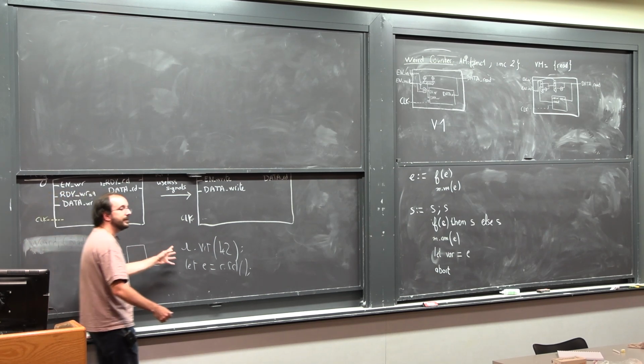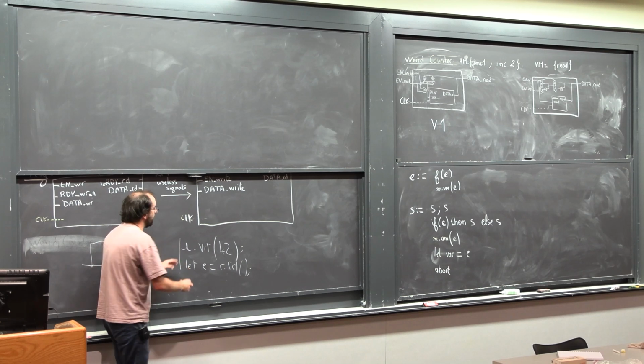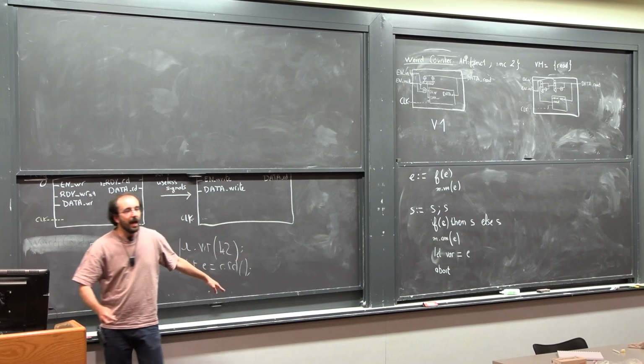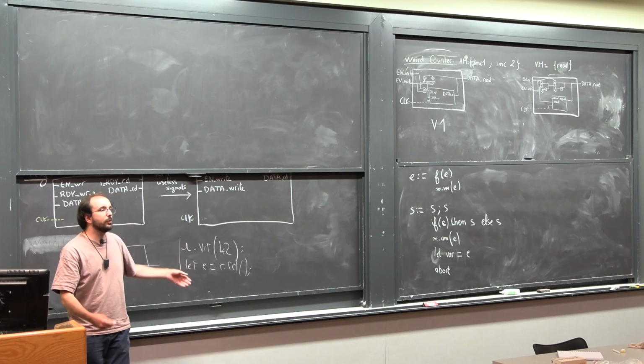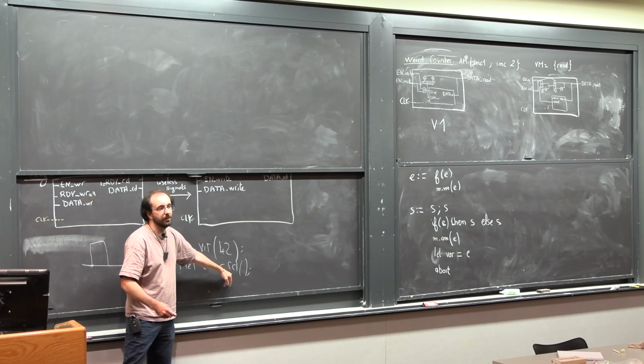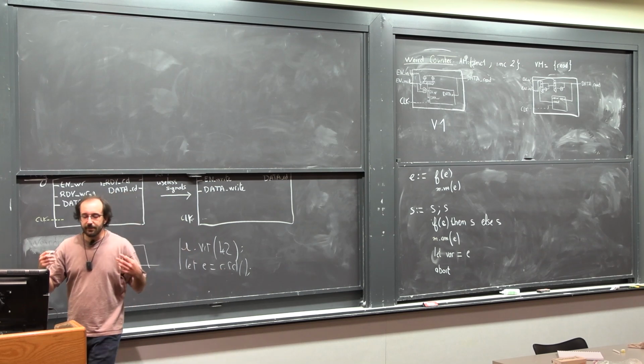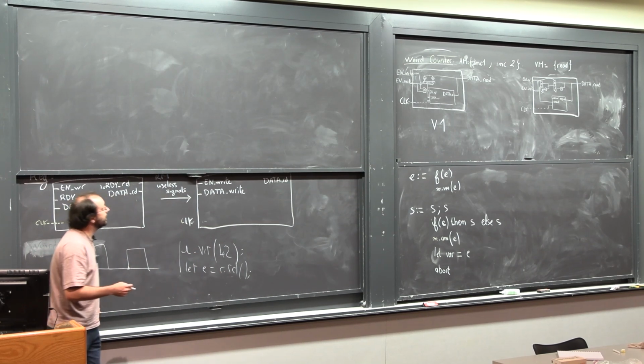So in a sense, if I think of this program and I give it a sequential semantics, I will not be able to compile this program to hardware because I will not be able to observe the new value out of the register, okay?